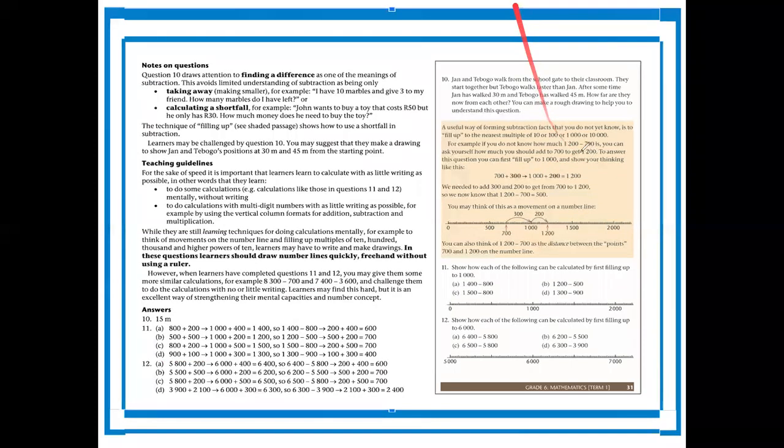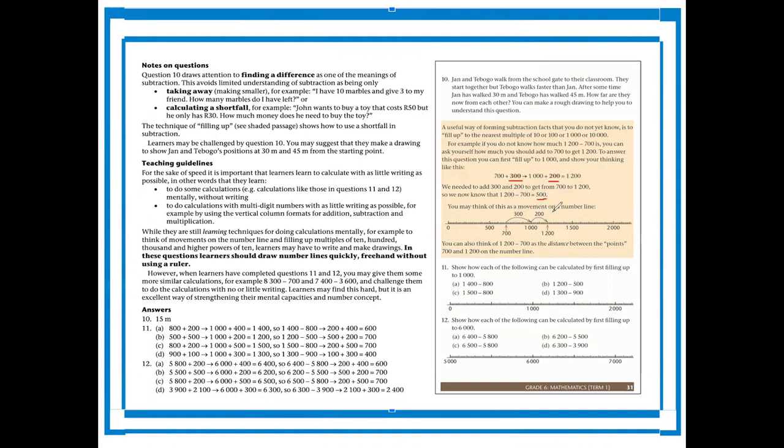So to get from 700 to 1,000, we add 300. And then to get from 1,000 to 1,200, we add 200. Then you would add those both up. You would add 300 plus 200 to get 500. So we needed to add 300 and 200 to get from 700 to 1,200. So now we know that 1,200 minus 700 is equal to 300 plus 200, which is equal to 500.